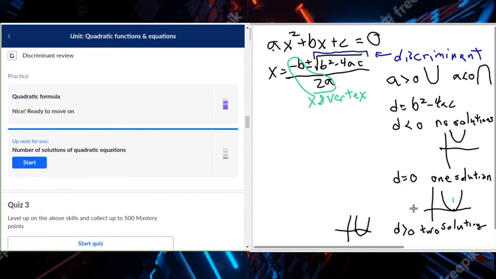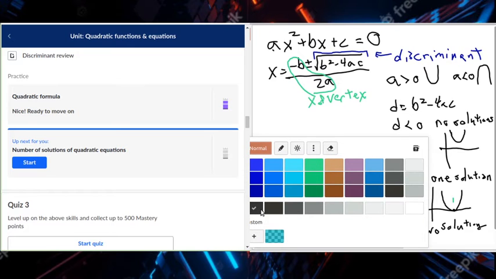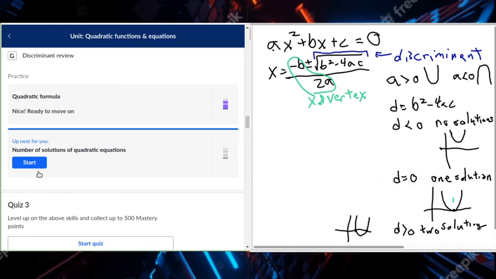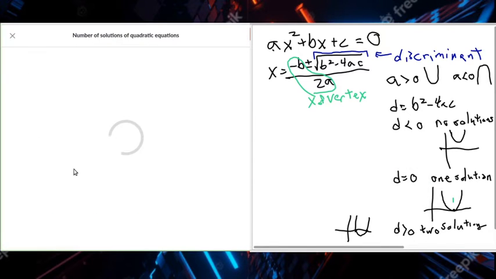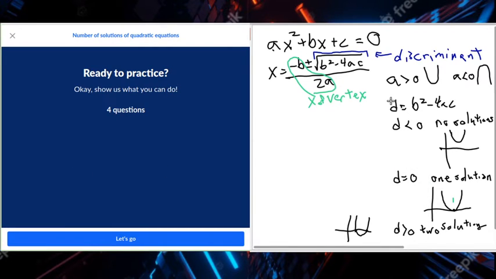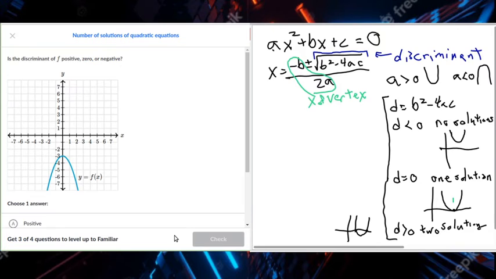Between all three of these, we can figure out really exactly what this parabola looks like without having to draw it out or find a table of values. So one of the things we're going to do here is the number of solutions, and that will follow this right here. We're going to use the discriminant.